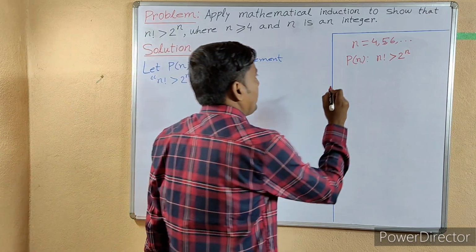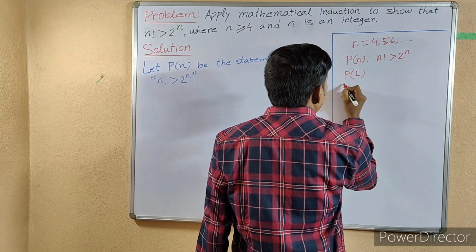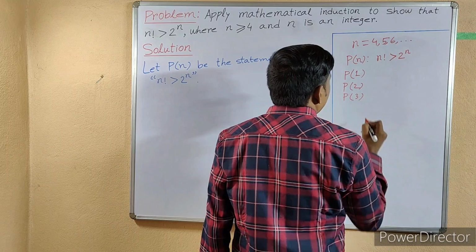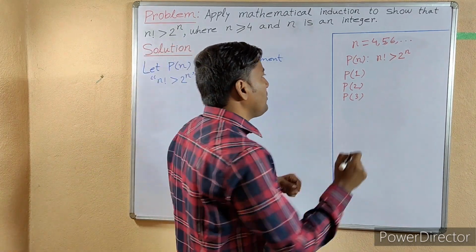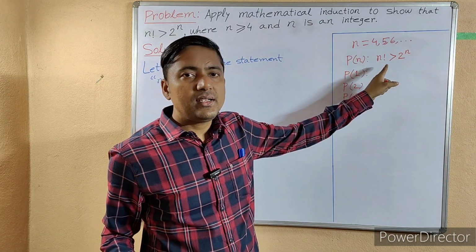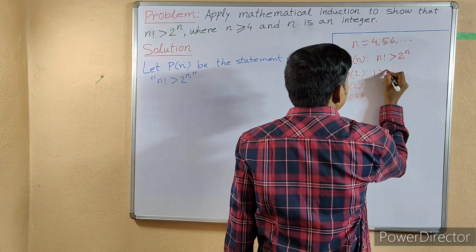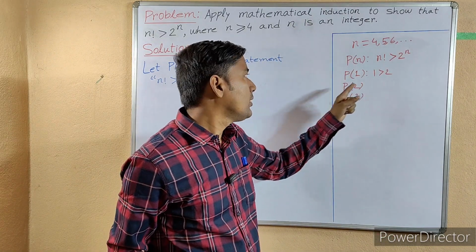Notice that P1, P2, P3 are not true because P1 means factorial 1 greater than 2 to the power 1, that is 1 greater than 2, which is not true.